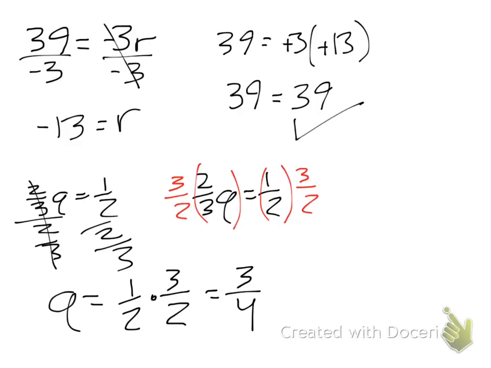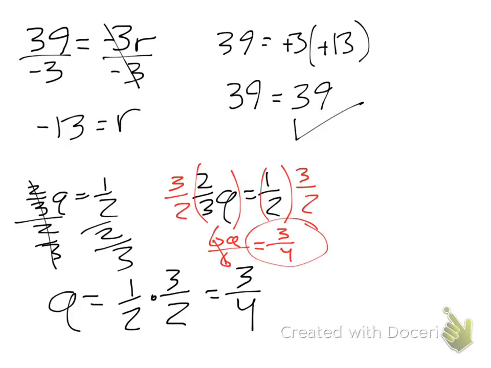What's on the left side? What's 3 times 2? 6. What's 2 times 3? 6. So wouldn't that have been 6q over 6 equals 3/4? And 6 divided by 6 is 1. And then q would equal 3/4 anyways.